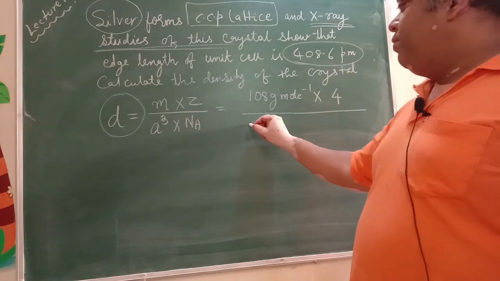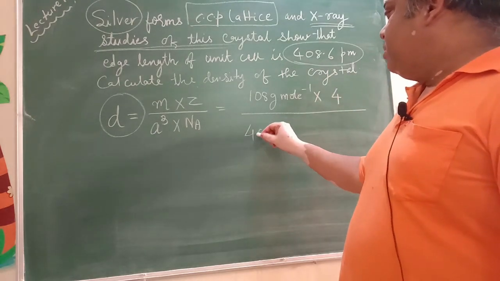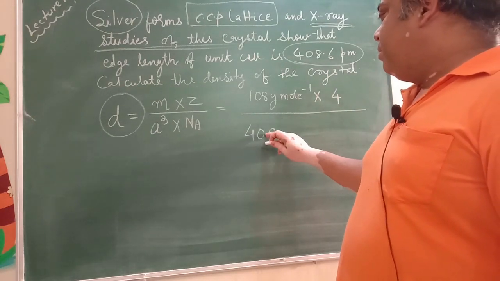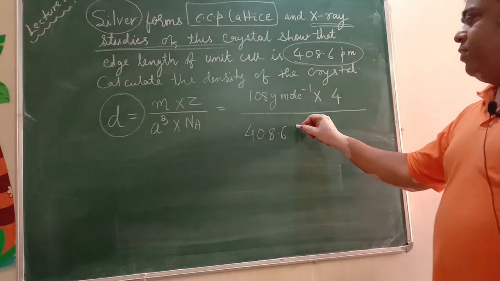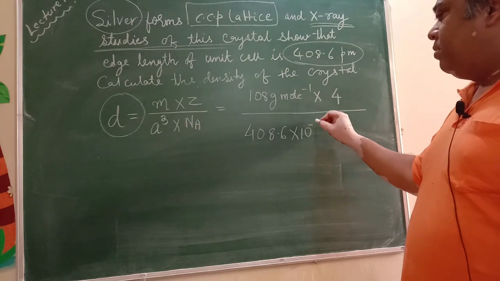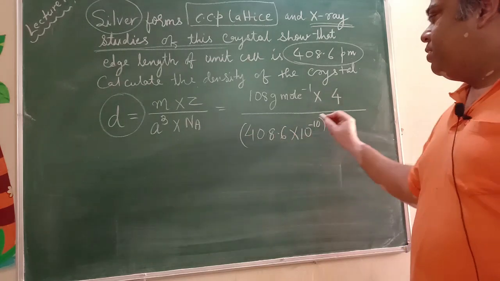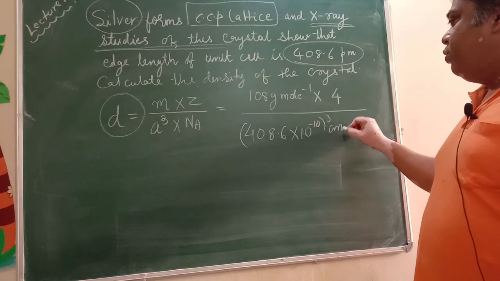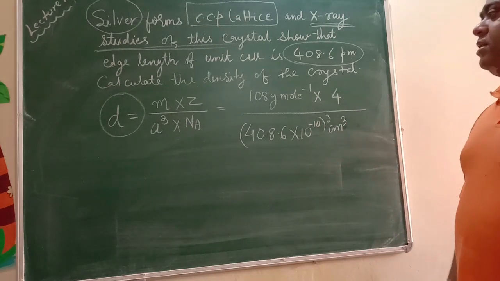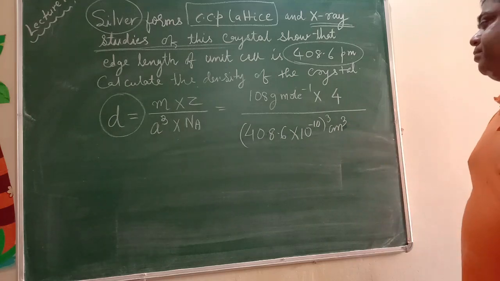Edge length is given, 408.6. Since it is in picometer, we will convert this into centimeter. Cube of this becomes centimeter cube, so that we can get the density in terms of gram per centimeter cube.